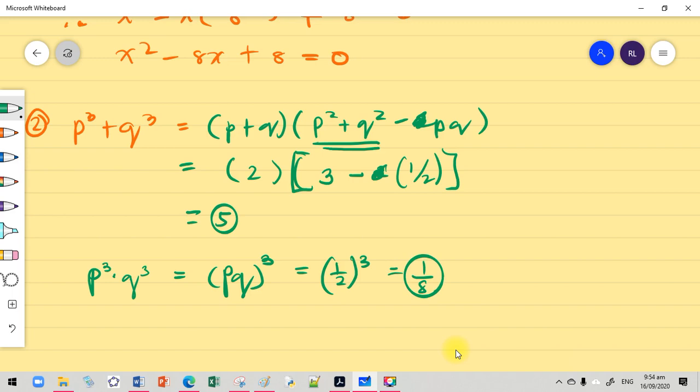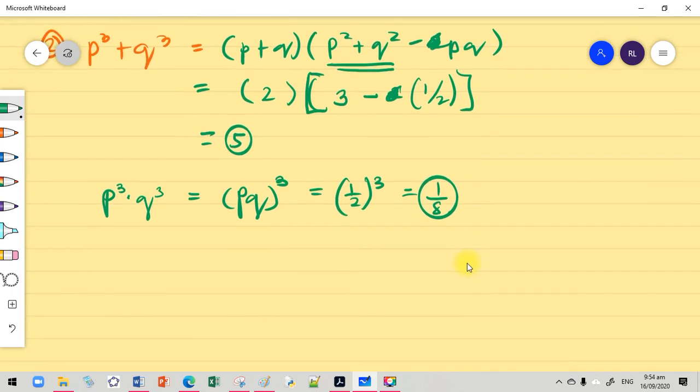So we just have to substitute them into x squared minus x times the sum of roots plus the product of roots equals 0.